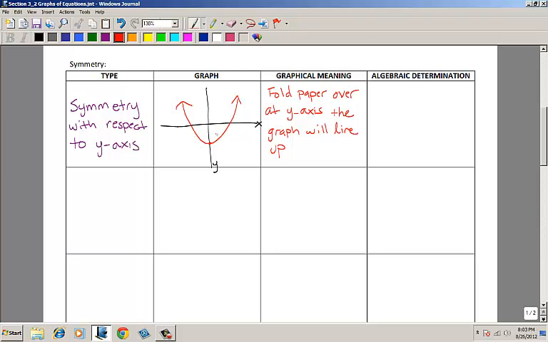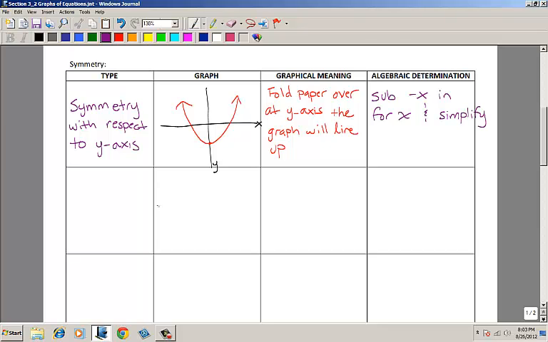Okay. Well, how would I determine this algebraically? In order to determine this algebraically, if you have some equation, y equals x or 3y equals 4x or what have you, in order to figure out if you are symmetric with respect to the y-axis, you would substitute a negative x in for your x and simplify.